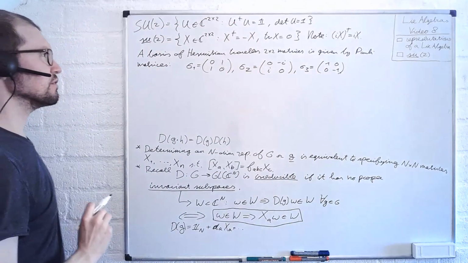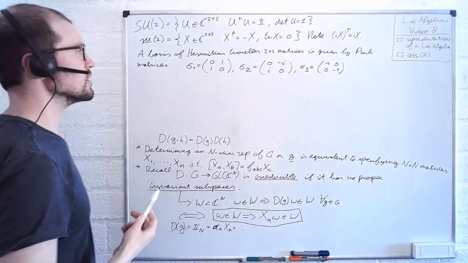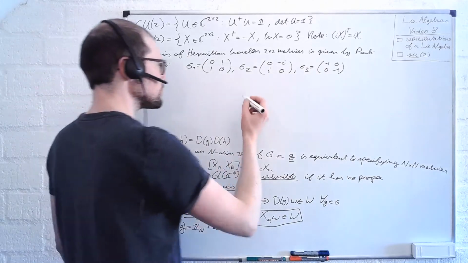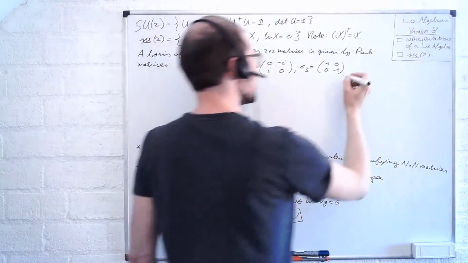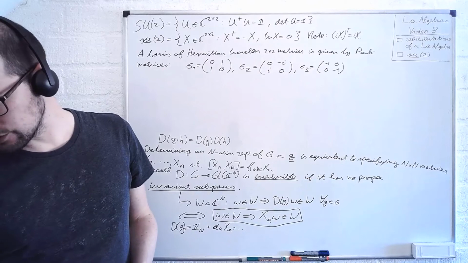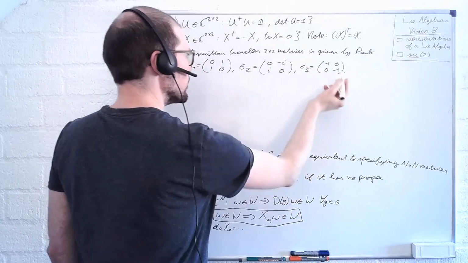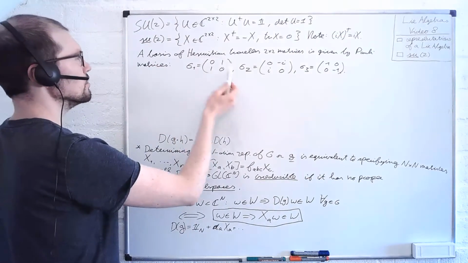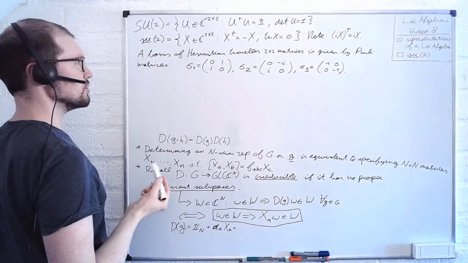And you can easily convince yourself that really this is a basis of the Hermitian traceless matrices. And in the exercises you have checked that they satisfy certain commutation relations, and we can use these to determine a nice set of basis generators of SU2.